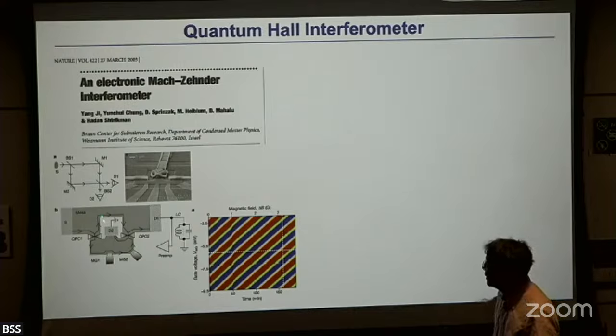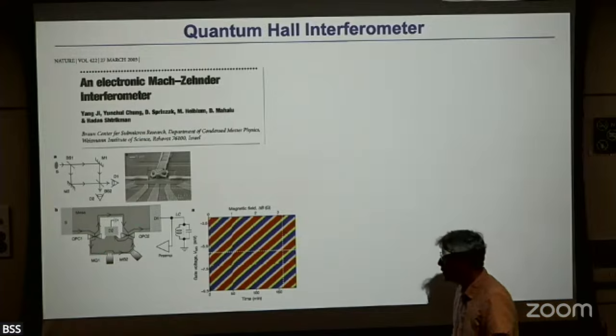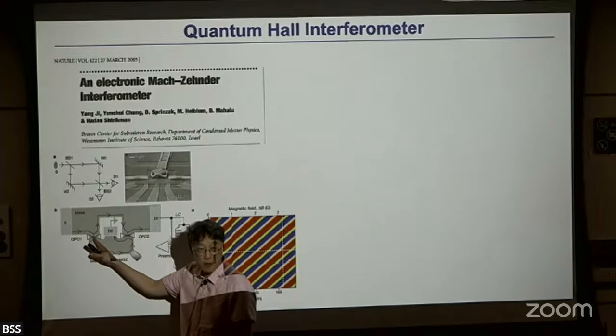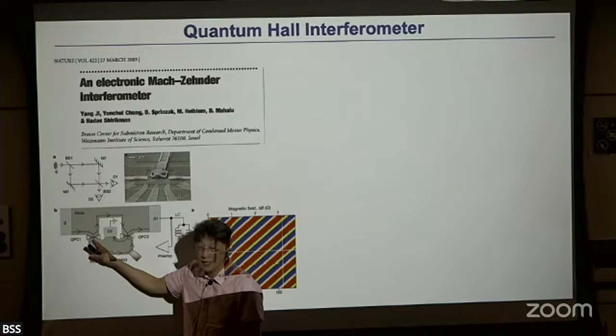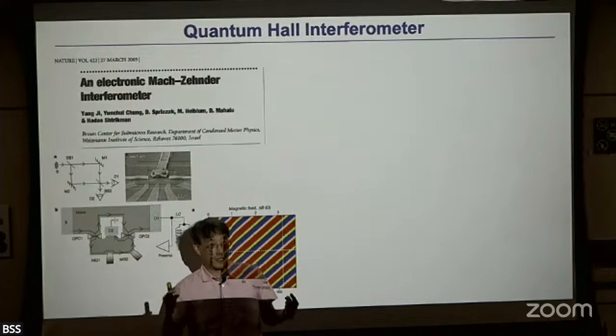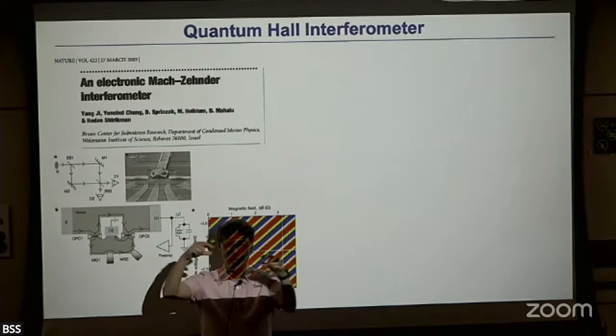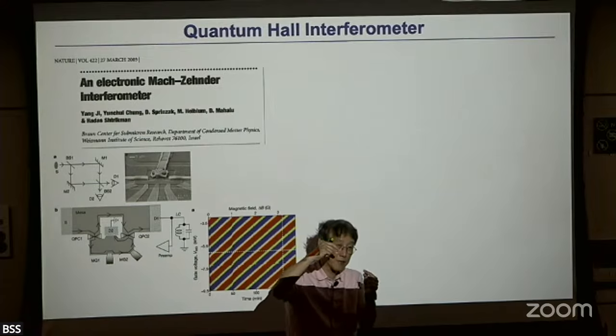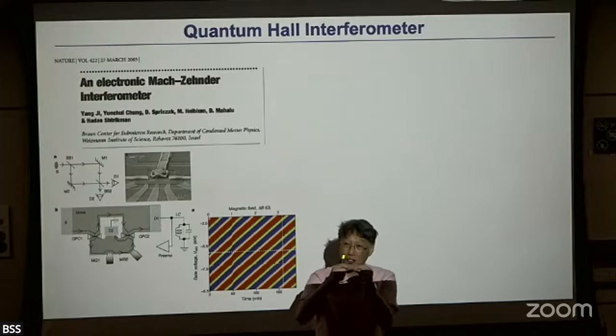What they did is pattern their two-dimensional electron gas such that they can define a well-defined quantum Hall edge state path in there. That's how the device got patterned. But there's a really important ingredient in this structure, which is the splitter called the quantum point contact. The way it works is you bring two quantum Hall edge states close by through this patterned, gated quantum point contact, so close that they start to scatter off each other and tunnel between each other.